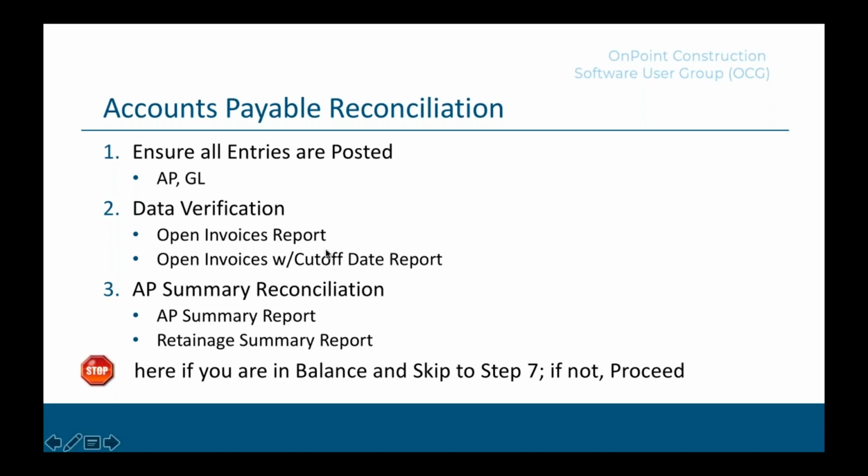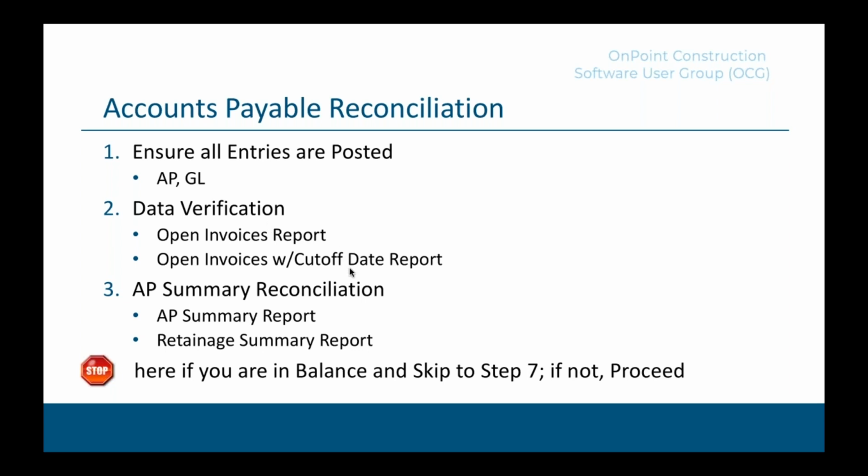The difference between these two, of course, is just in the title, the cutoff date. So this first one, if you haven't entered any invoices, let's say for July, then you'd be fine with that first one.